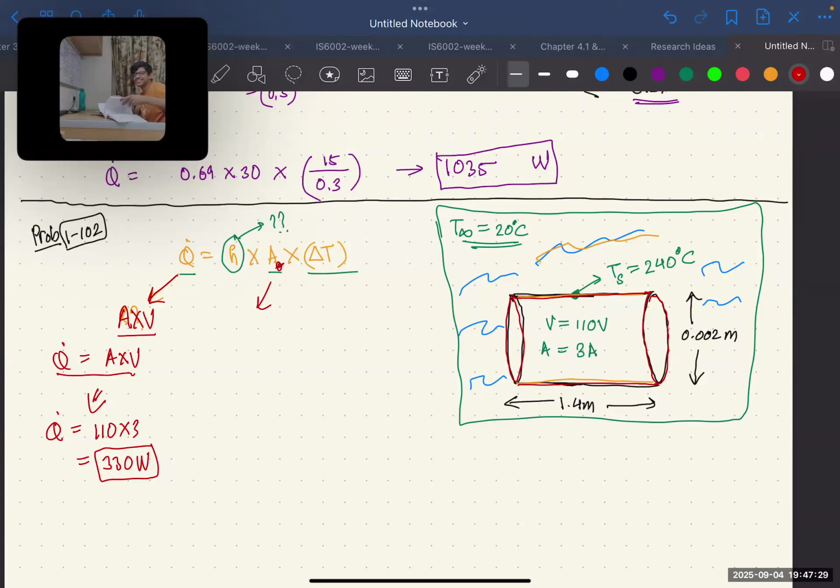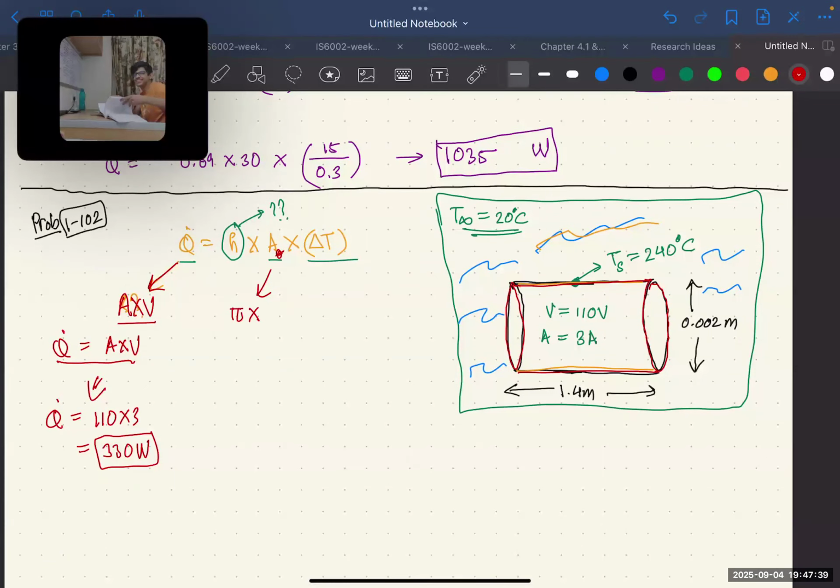It is essentially the curved surface area of the cylinder, which is pi times d times L. This whole curved area is going to convect heat from itself. So it is pi times the diameter, 0.002, times the length, 1.4 meters. So we have this.